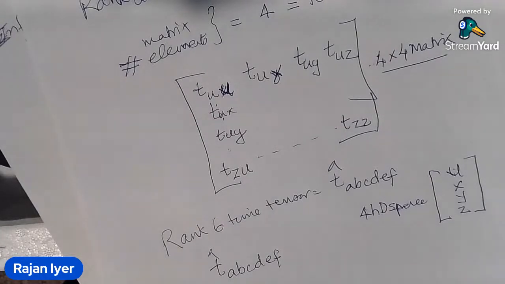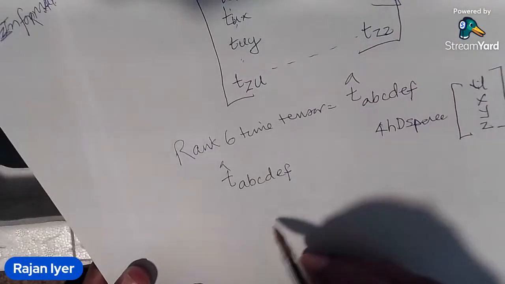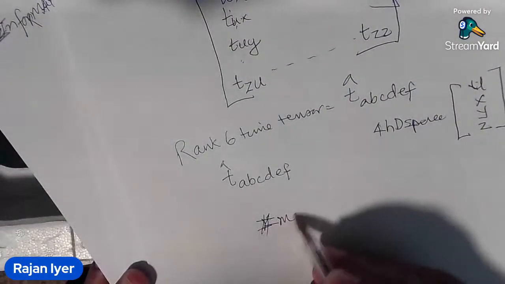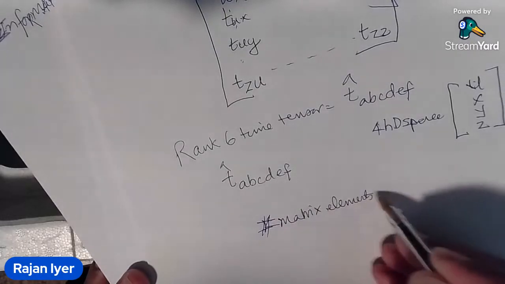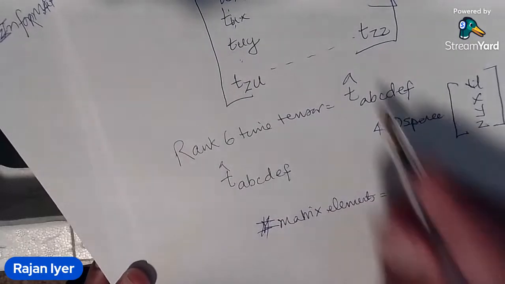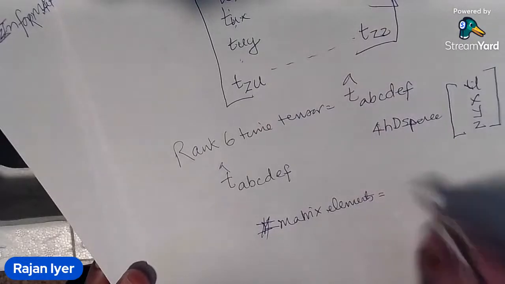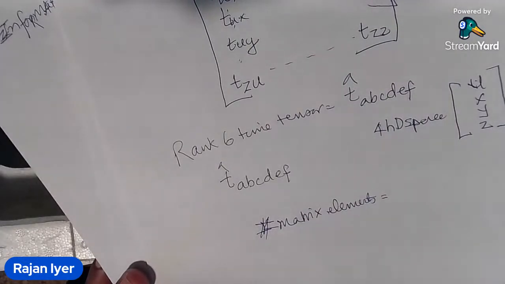So you said that it should not be 4 to the power 6, right? Yeah, it would be 4 to the power 6. So the number of matrix elements will be 4 to the power 6. Do you want a rank 6 tensor? Yeah, 4096 elements, I think.